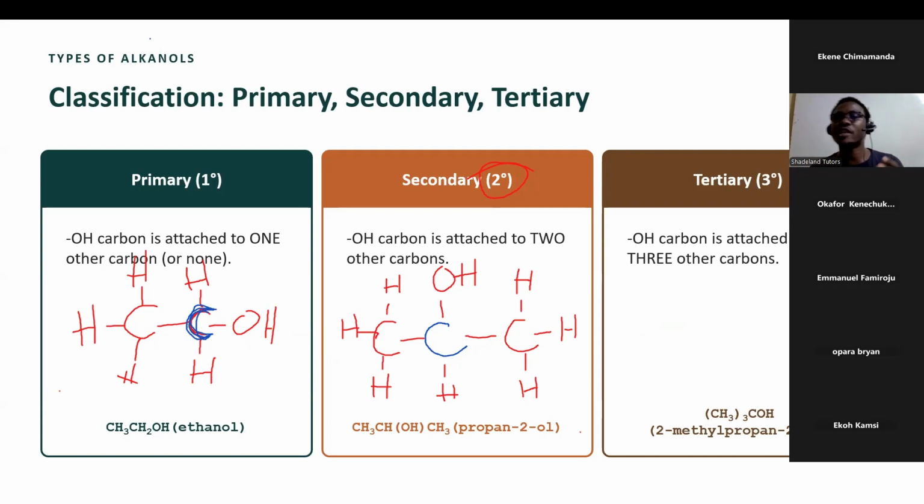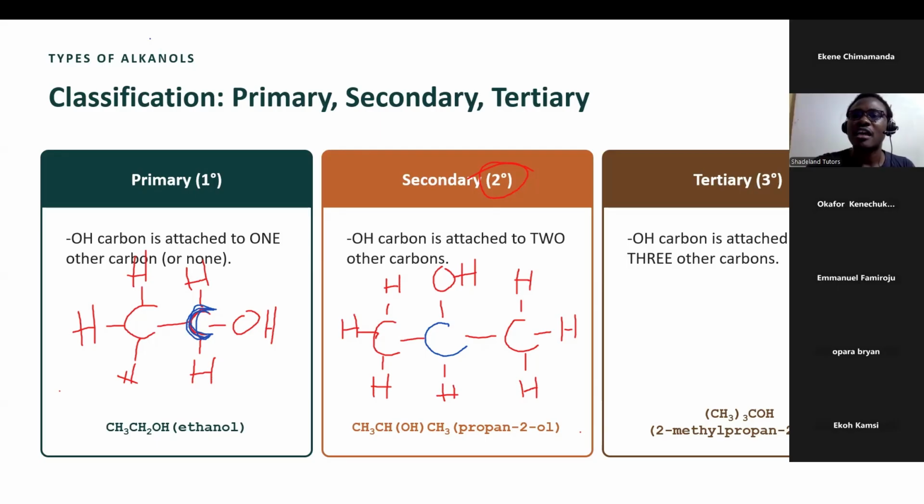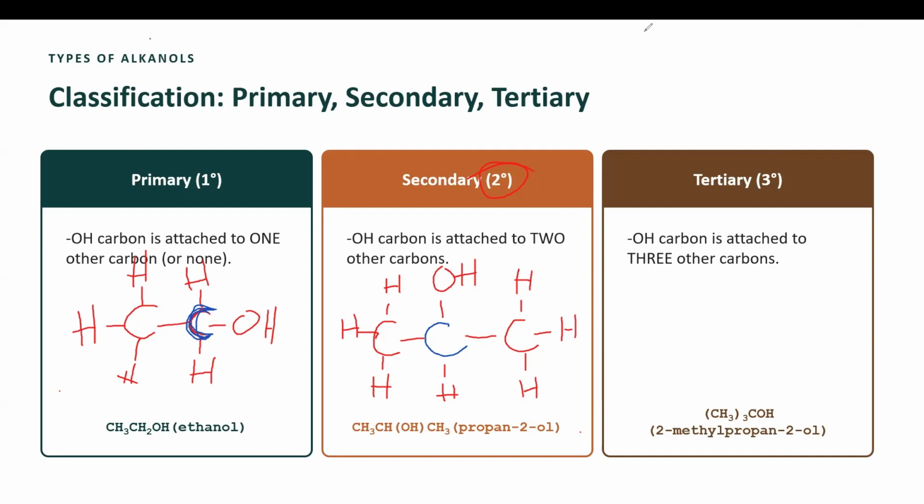Yes. So any other question? Okay, no other question. So, since the classification is based on the number of carbon atoms, who can now tell me what it will be for tertiary alkanols?